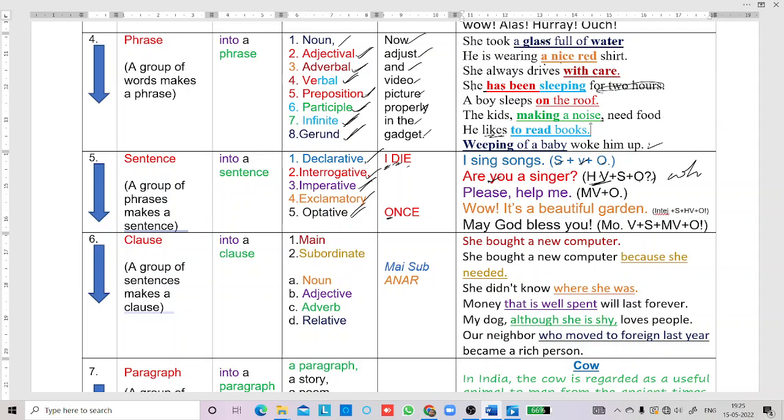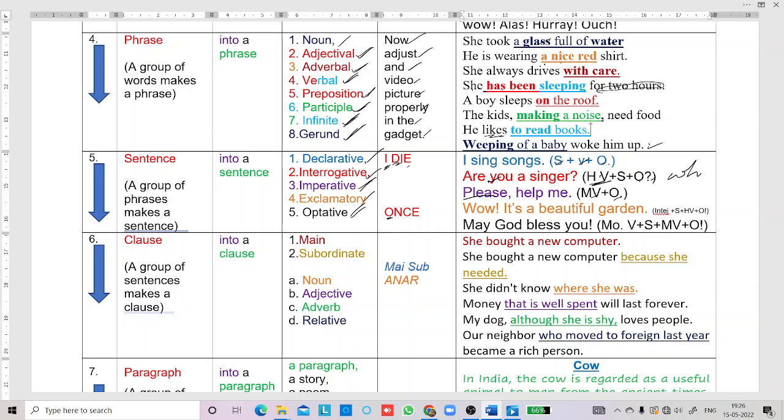That means, please help me, here we have the sentence structure main verb plus object. This is called a requesting expression. But here, when we talk in imperative sentences, already we understand I'm talking to you directly. That is the meaning. You please help me, we won't say.